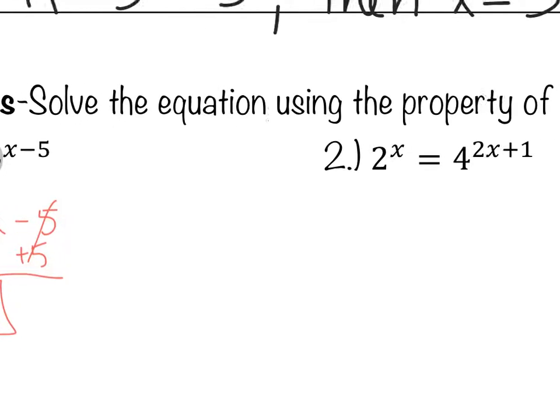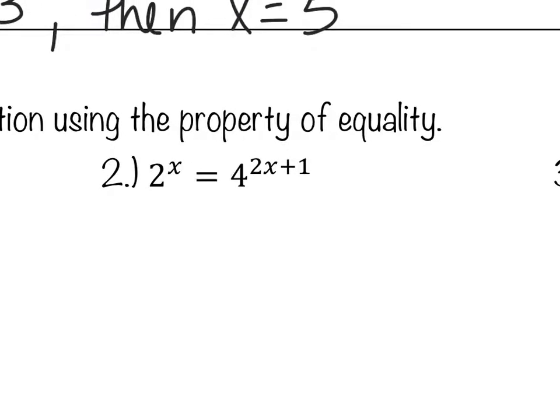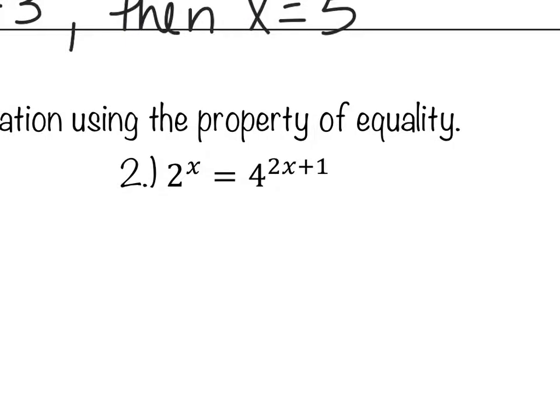But sometimes even if the bases aren't the same, you can manipulate it in a way that they are. If the base on the left-hand side is 2, and the base on the right side is 4, you might think at first that the bases are not the same, so we can't do this.